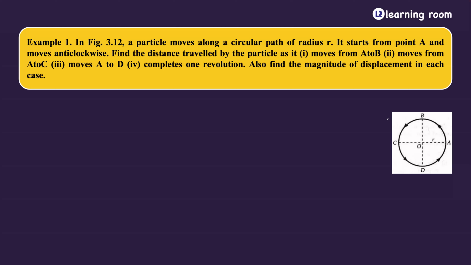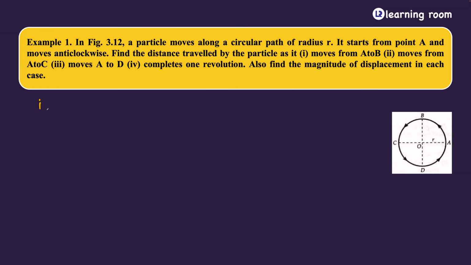So in the first part, what are they asking? Find the distance traveled by the particle when it goes from A to B. When I say distance, the direction along which the path is taken by the particle is very important. When the particle moves from A to B, how much distance is it covering?